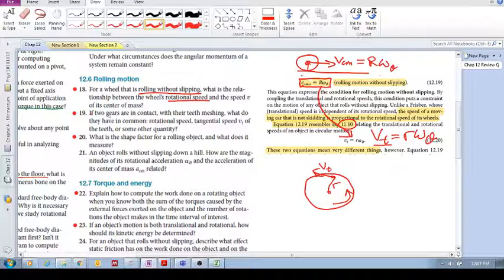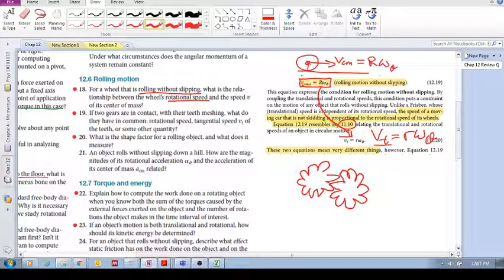Second one, 19, if two gears are in contact with their teeth meshing. Just use your imagination. There's another gear there. Two gears are meshing.